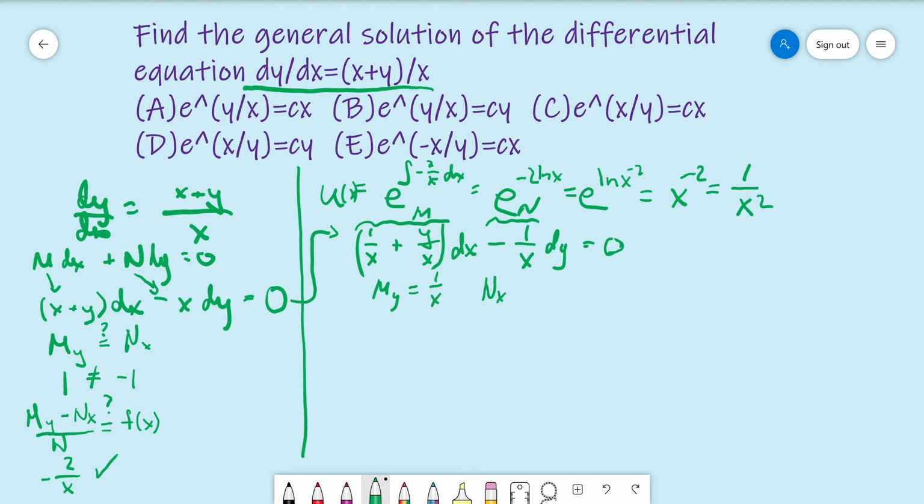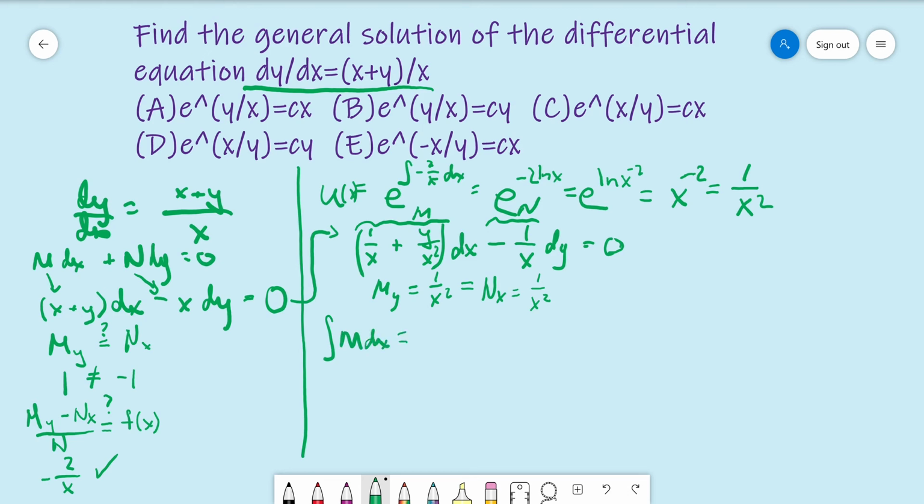This is supposed to be squared. So this is going to be 1 over x squared, and then here, this is also going to be 1 over x squared. Okay, so the answer is yes, they are equal to each other, which is good because now we can integrate M with respect to x. What's that going to give us?